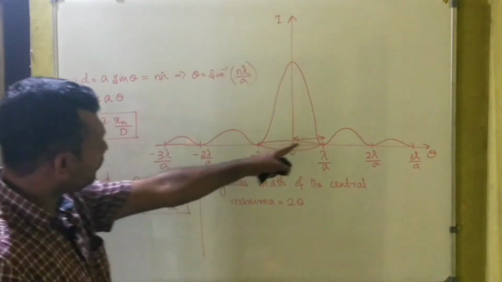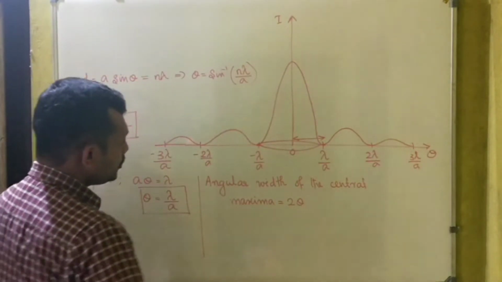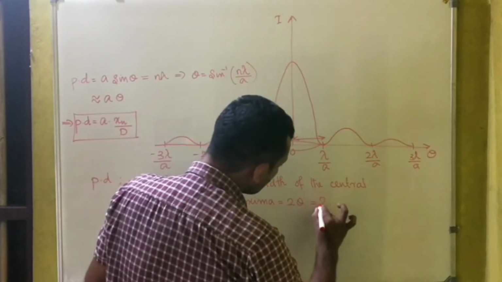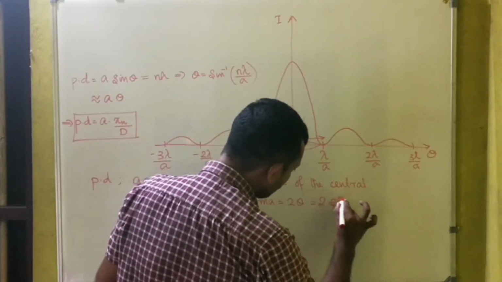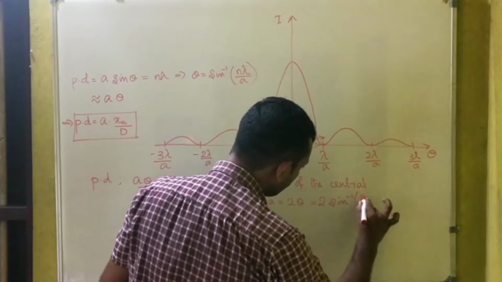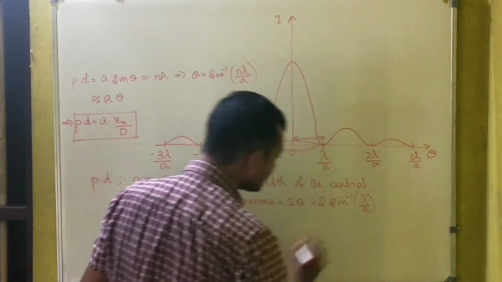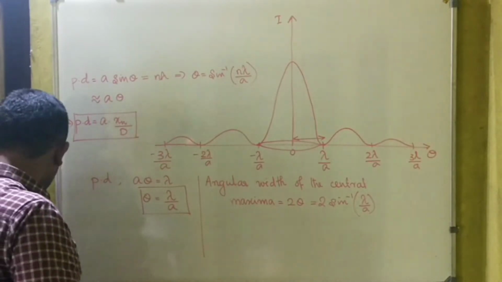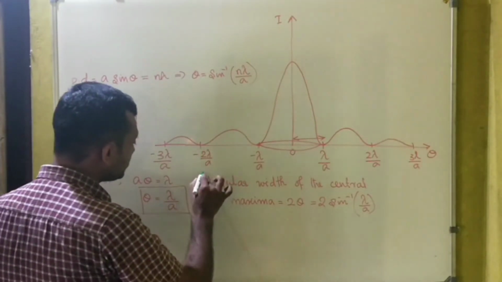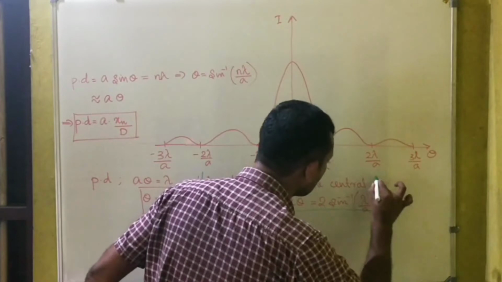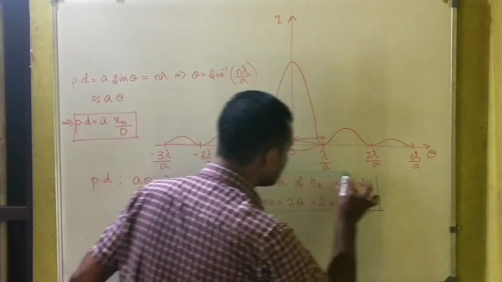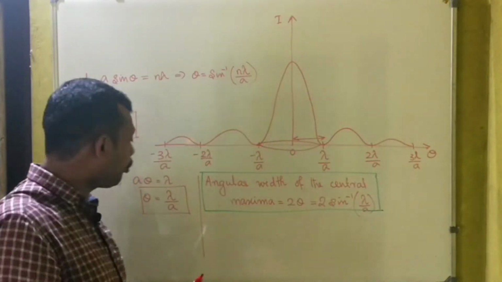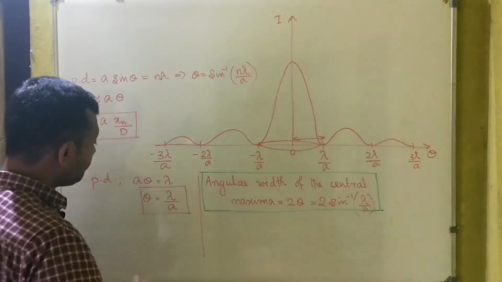So for the central maxima, n is equal to 1, and the angular width is 2 sin inverse lambda by a. Please understand, this is the most important equation for the angular width of the central maxima.